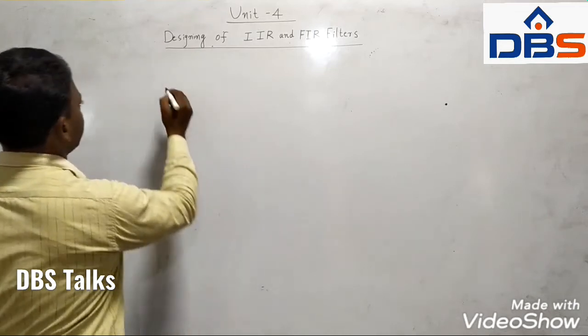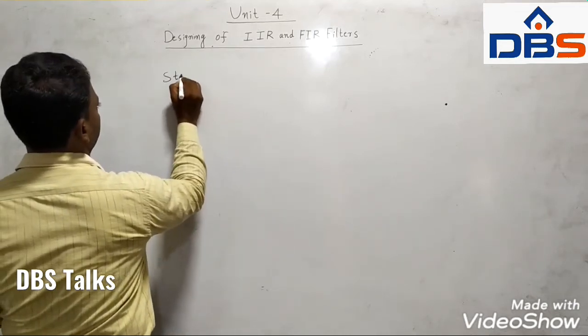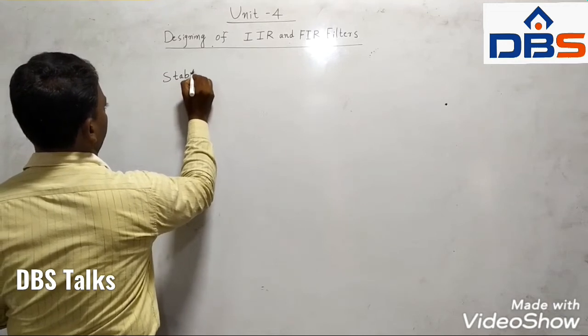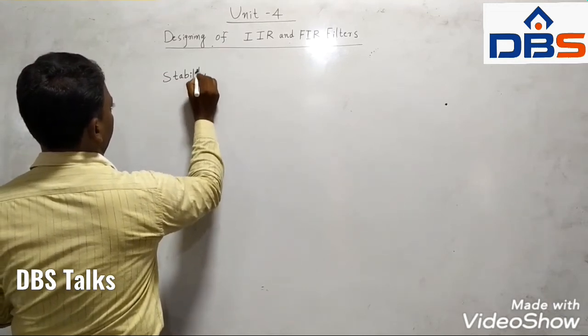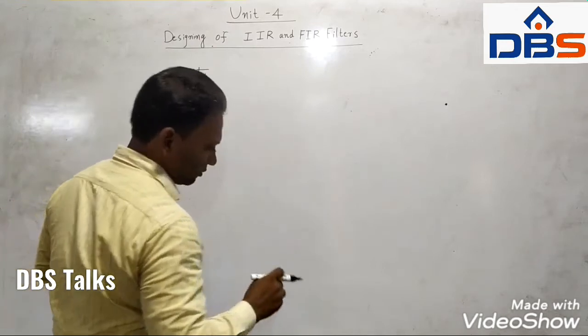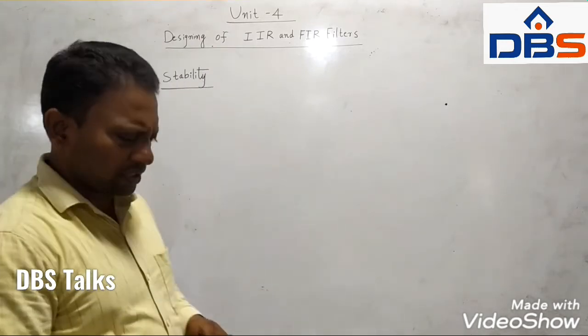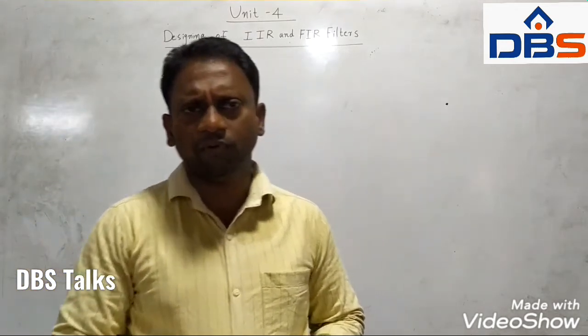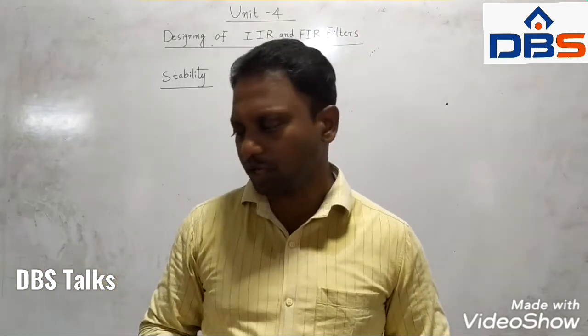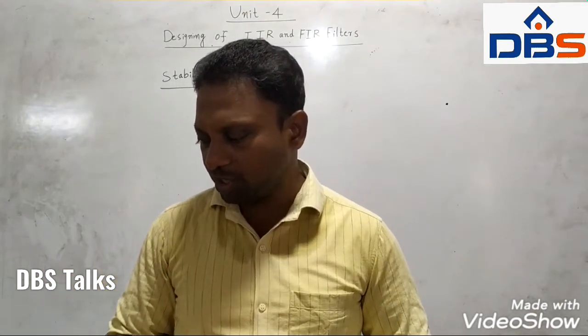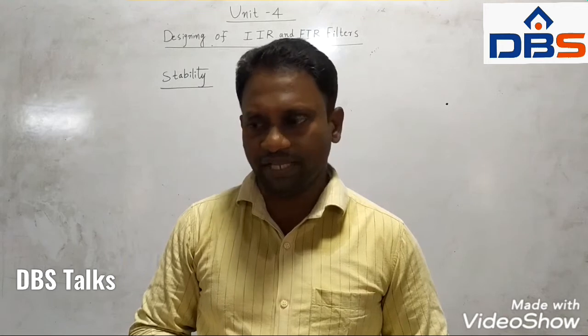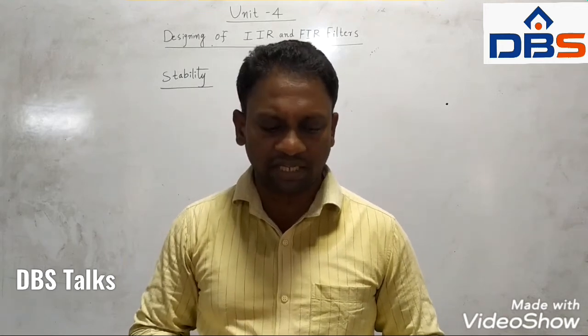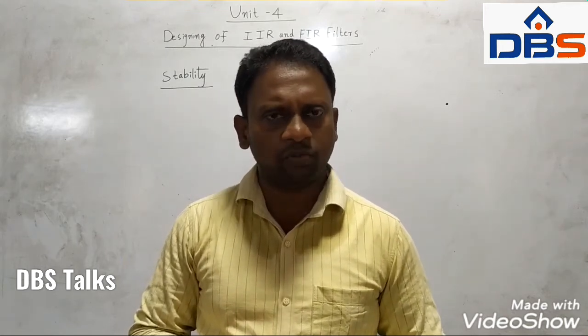Next we will see stability of the system. Generally, if you design a system, it must be stable for all values of n. Then only can we say that those filters are realizable and also useful.